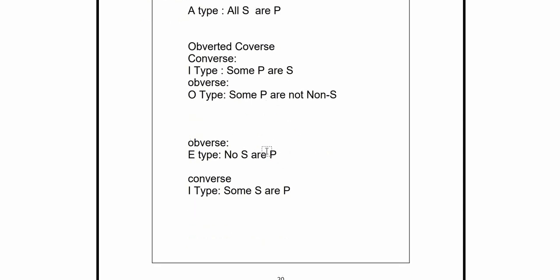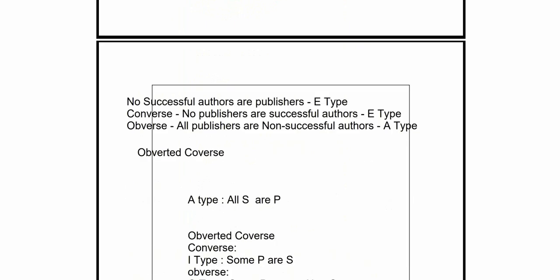Now why are we doing all these conversions is because we want to state one thing in another way, but the meaning is not changing. Without changing the meaning, we are stating one thing in different ways, using converse, obverse, obverted converse, and so on. Okay, next is contrapositive.